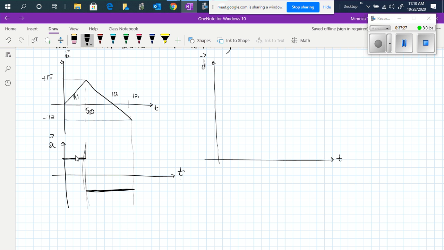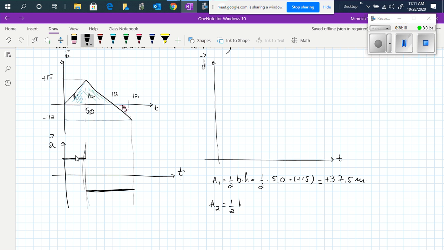So area 1, area 2, and area 3. Area 1 will be this one here, area 2 will be this triangle here, and area 3 will be this negative one here. Area 1, since it is a triangle, will be 1/2 base times height, and base is 5, height is positive 15. So 5 times 15 divided by 2 is positive 37.5 meters.